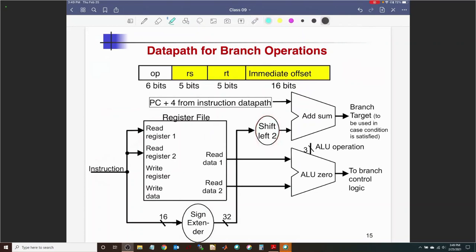What is the purpose of that? Multiply by 4. Perfect. So you're taking this 16-bit offset provided in words, extending it to 32, then shifting left by 2 so that you have multiplied by 4. That is now going to be in bytes, right?